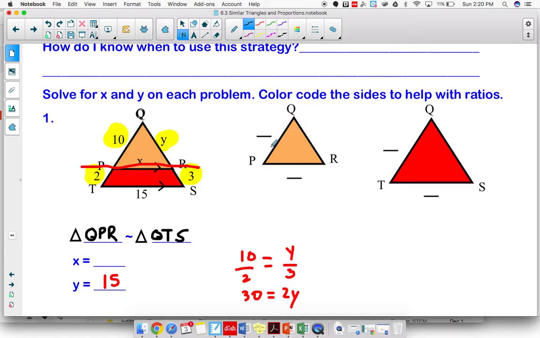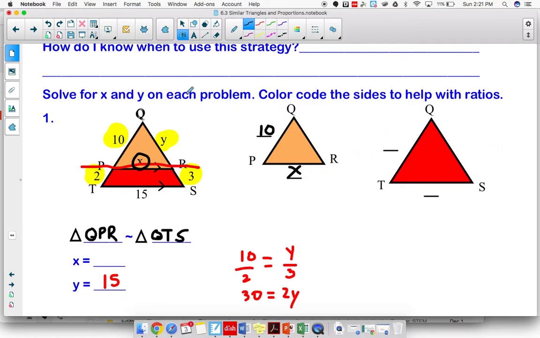So the left side of the orange triangle from Q to P, if you look over here, here's Q, here's P. That's labeled as 10. So QP has to have a length of 10. Okay, the bottom of the orange triangle is PR. They didn't tell us that length, but they did put an X there. So I'm going to put my X on the bottom of the orange triangle.